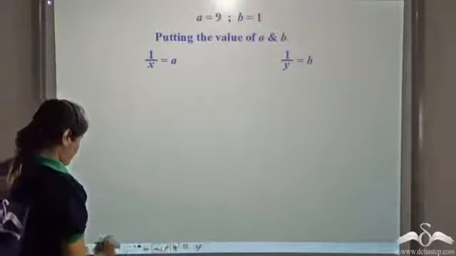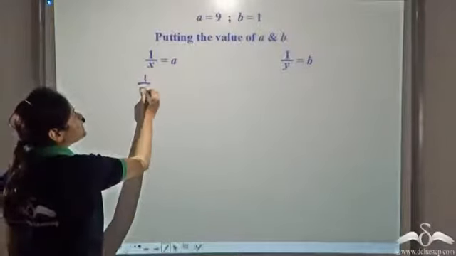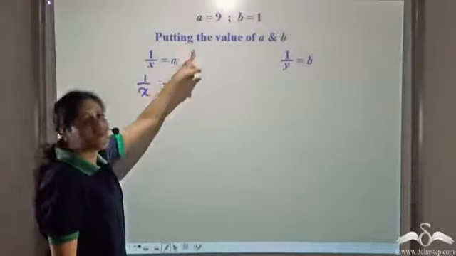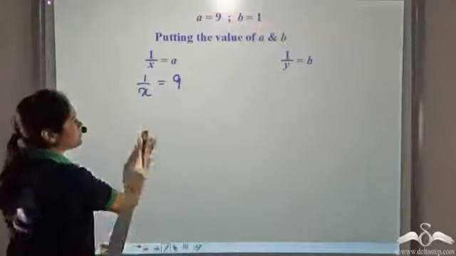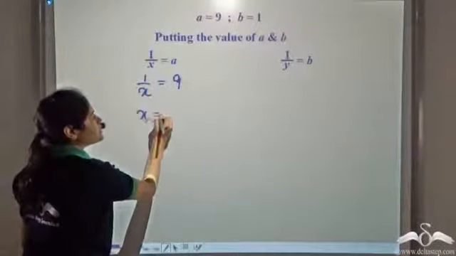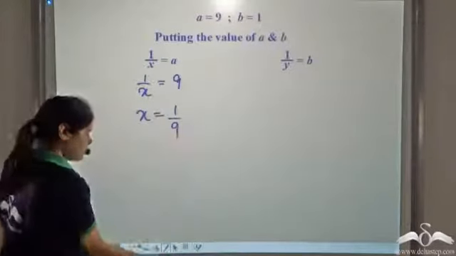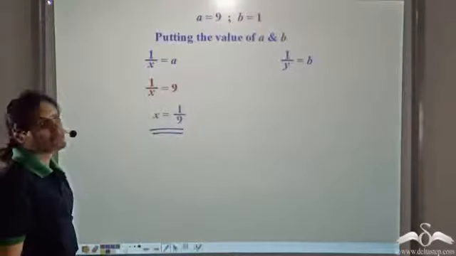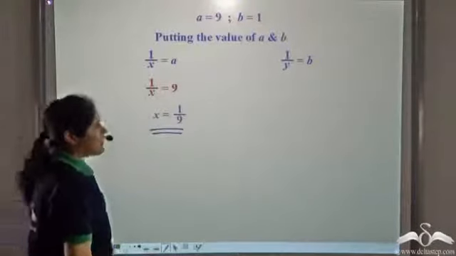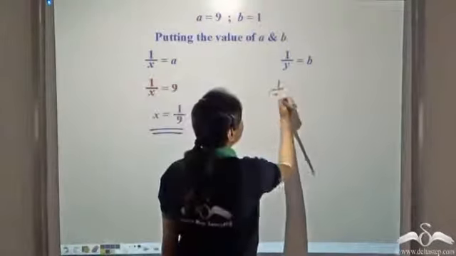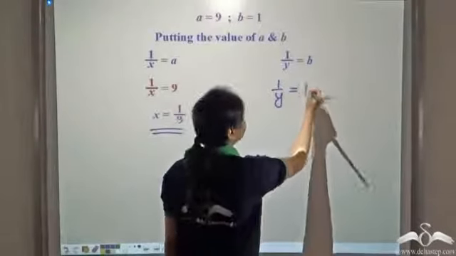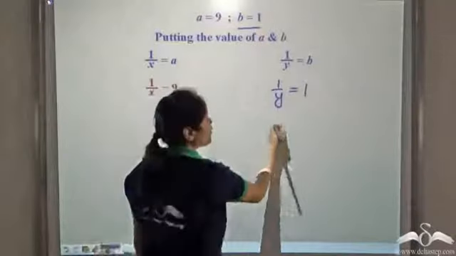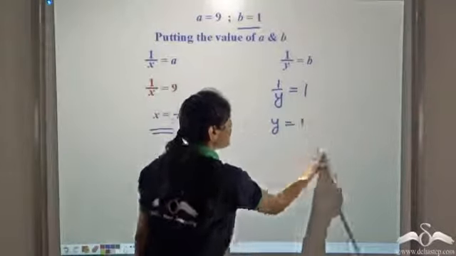So 1 by x is equal to 9 because the solution for a is 9, or x is equal to 1 by 9. So this is the value of x. Similarly, for y, 1 by y is equal to 1 because b equal to 1 is the solution, or y is equal to 1.